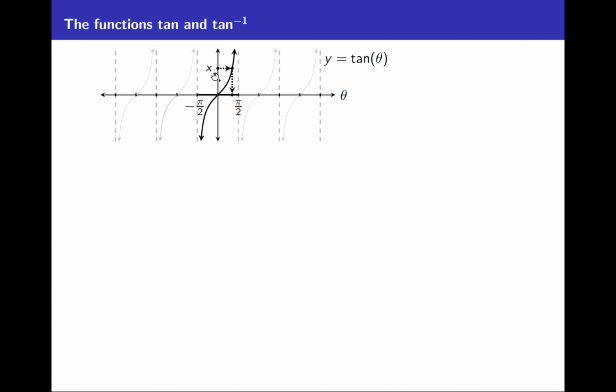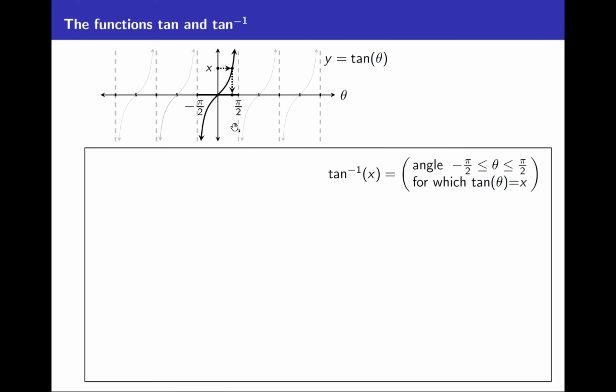Its inverse would be the running of tangent theta backwards from an output of x, tangent inverse of x. We'd get that by going over to the graph and down. We'd get to a theta here, a radian measure between negative pi over 2 and pi over 2, where if we took tangent of that, we'd get x. So literally, tangent inverse of x is the angle theta between negative pi over 2 and pi over 2, for which tangent theta equals x.